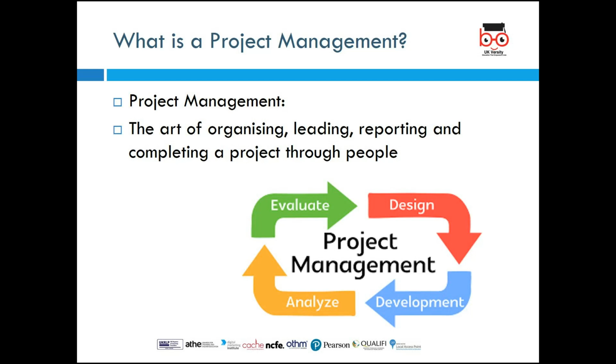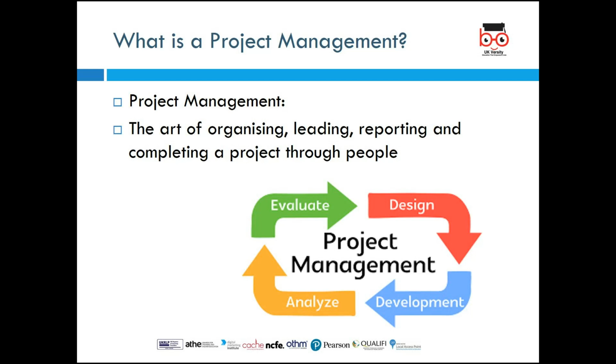Now, if that is a project, then what is project management? How do we manage a project? Project management is simply the art of organizing, leading, reporting, and completing a project through people.